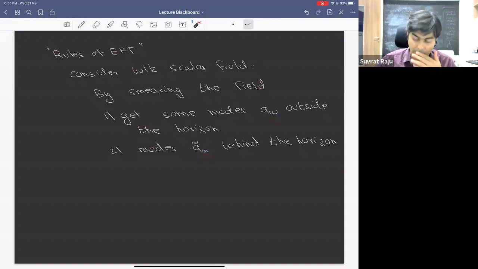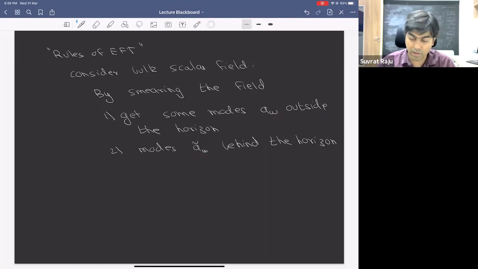But I'm not going to write the L index because it will never be important for anything we do. If you were to consider black holes which have angular momentum, it would be important, but for simplicity, we won't consider them. And so we're just labeling the mode by its frequency. There are these modes A omega that you get by taking the field and integrating it with some smearing function outside the horizon, and some modes that you get by integrating it behind the horizon. And we have seen these modes several times in the course.